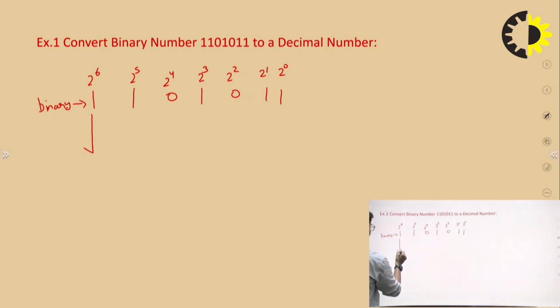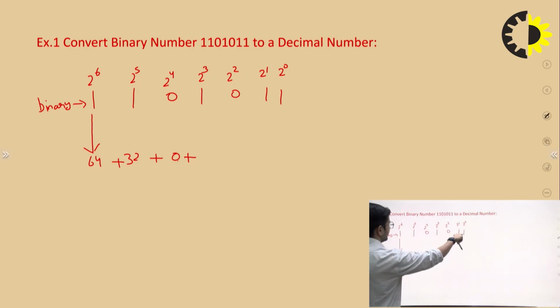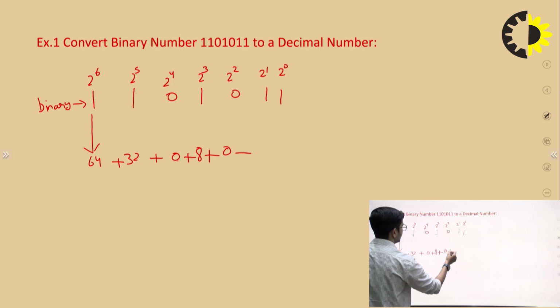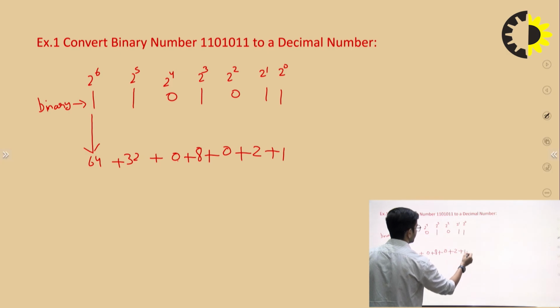So 2 to the power 6 is 64, 2 to the power of 5 is 32, and for 2 to the power of 4, 0 is given, so I have mentioned 0 here. In binary form, wherever 1 is present at the place of the power of 2, we have to take that number only. So 2 to the power 3 is 8, so I mentioned 8 here. For 2 to the power of 2, 0 is given, so I mentioned 0 here. 2 to the power of 1 is 2, 2 to the power of 0 is 1.